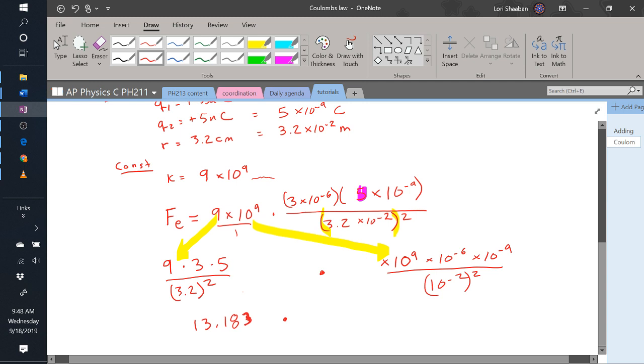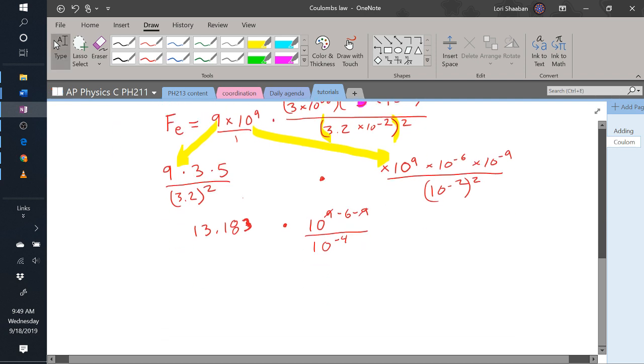Then notice when you multiply numbers with the same base, you add the exponents. So really it's 10 to the 9th minus 6 minus 9. And then here, when you have numbers that you're raising to a power, you multiply. So 10 to negative 2 times 2 is negative 4. 9 minus 9 is 0.